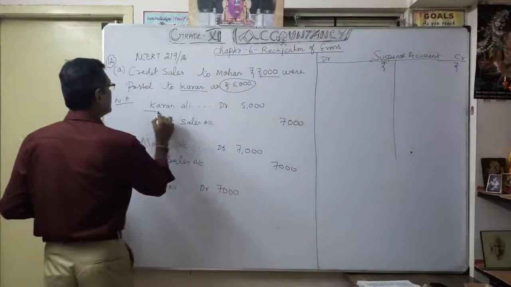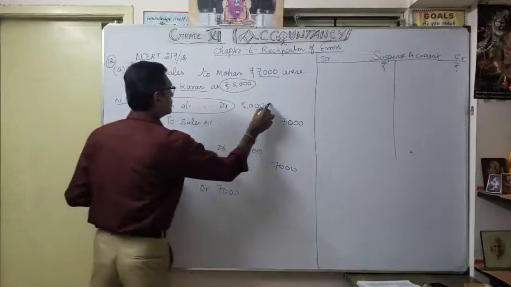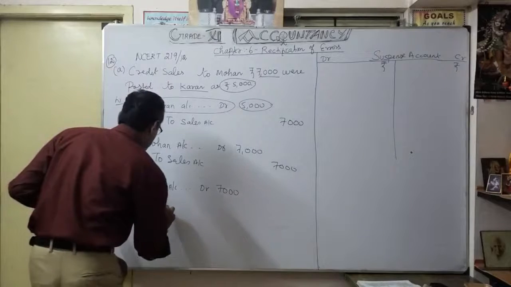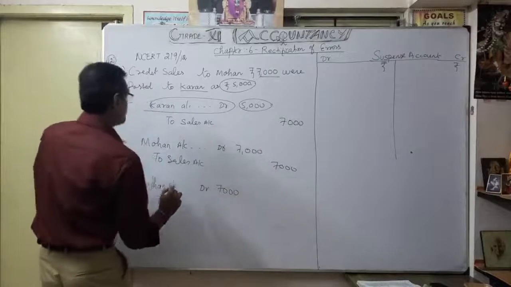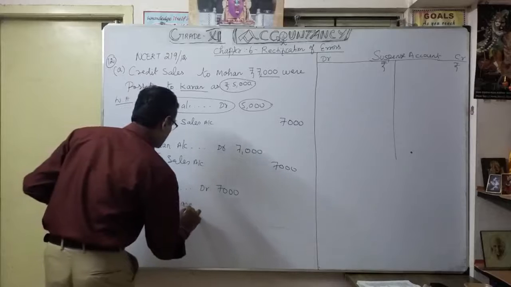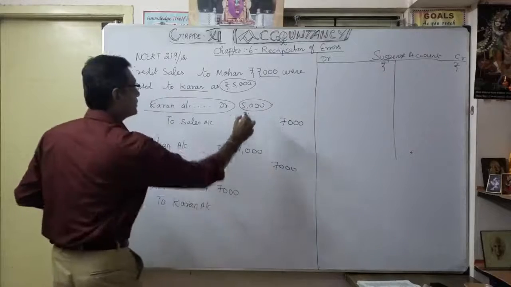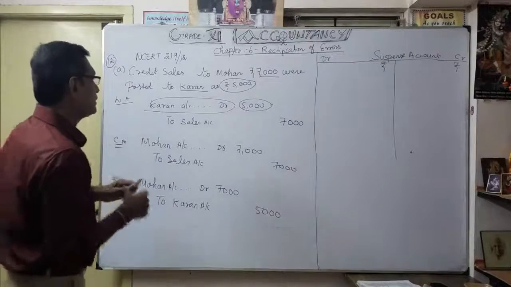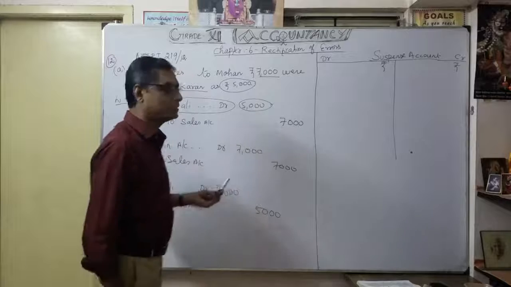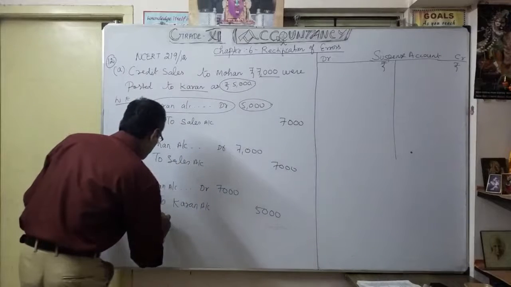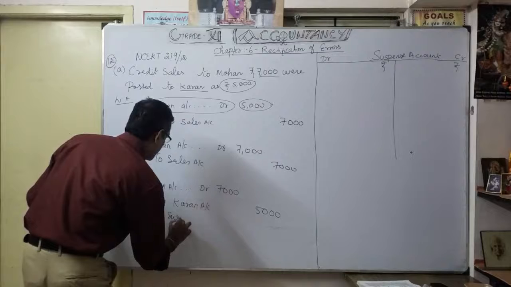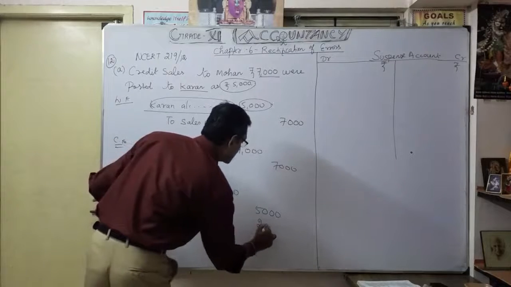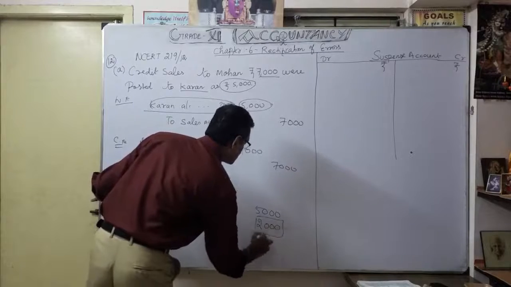We wrongly debited Current account, so you want to remove that by crediting Current account 5,000. Actually they under-credited the amount, so how much do you compensate? That's the 2,000, so we write to suspense account 2,000, because you have to fill up the difference here.